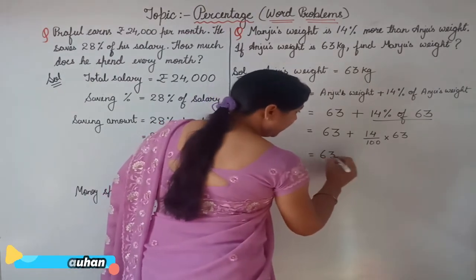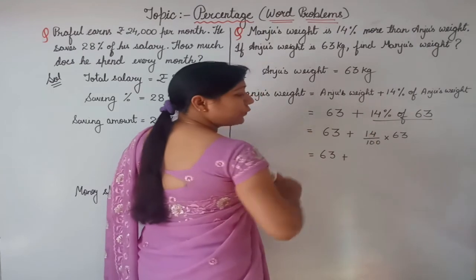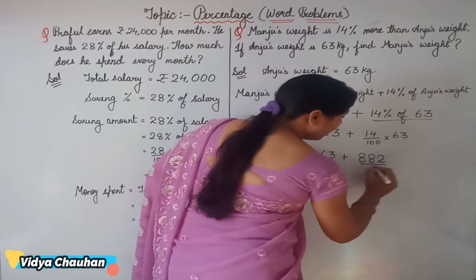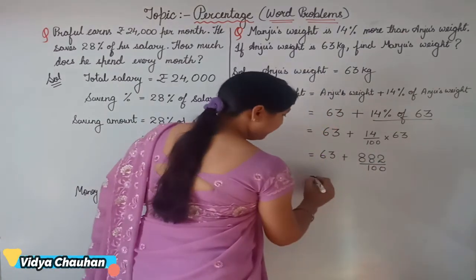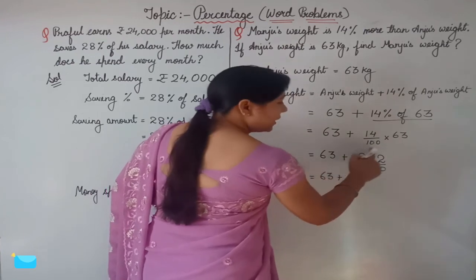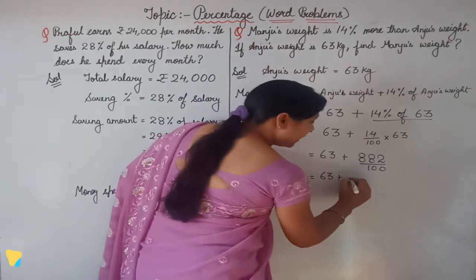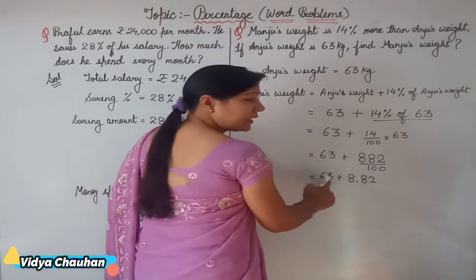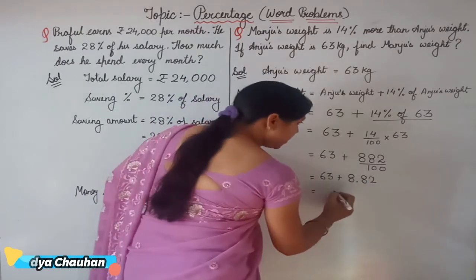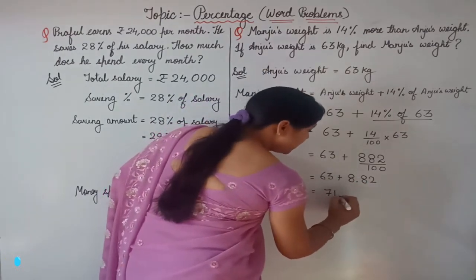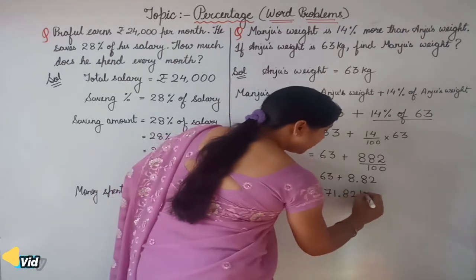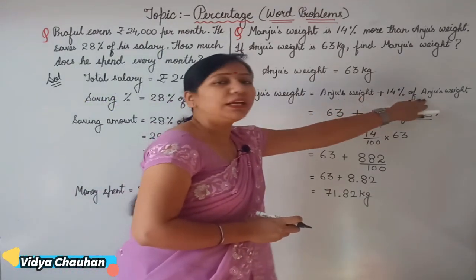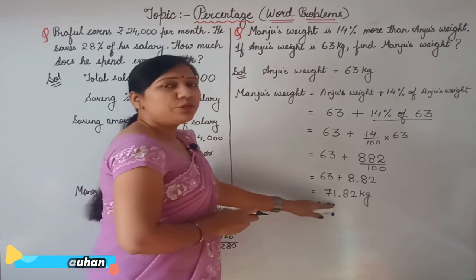Now 63 into 14 will be 882 upon 100. Converting 882 upon 100 into decimals, you'll get 8.82. Add the value 63 plus 8.82 kg and the answer will come out as 71.82 kg.